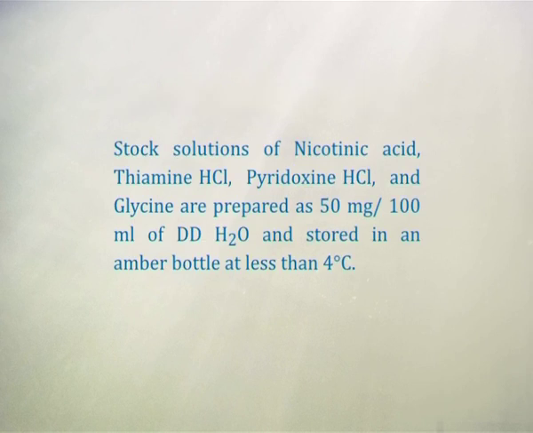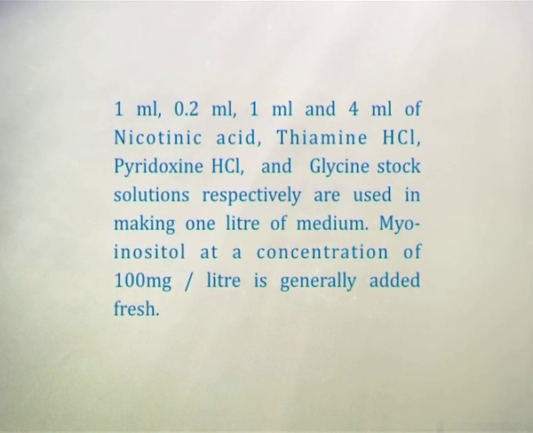Stock solutions of nicotinic acid, thiamine hydrochloride, pyridoxine hydrochloride and glycine are prepared as 50 mg per 100 ml of distilled water and stored in an amber bottle at less than 4 degrees Celsius. 1 ml, 0.2 ml, 1 ml and 4 ml of nicotinic acid, thiamine hydrochloride, pyridoxine hydrochloride and glycine stock solutions respectively are used in making 1 liter of medium.